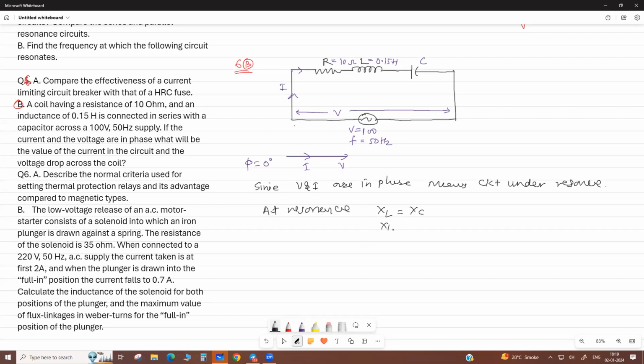So what is your XL? Omega L equals 2 pi f L. So it is 2 into 3.14 into 50 into 0.15. Okay, 47.1 ohm.